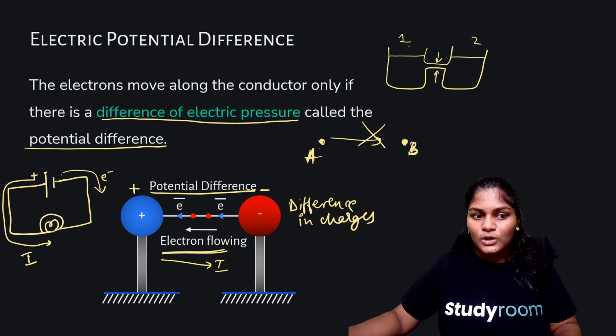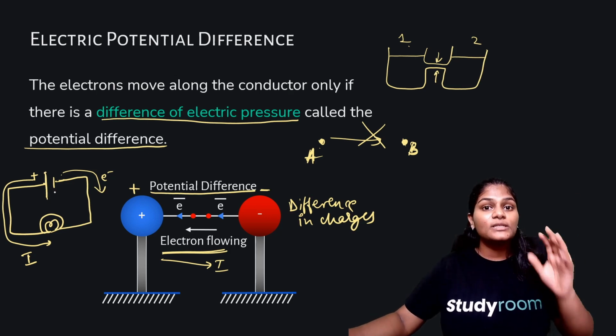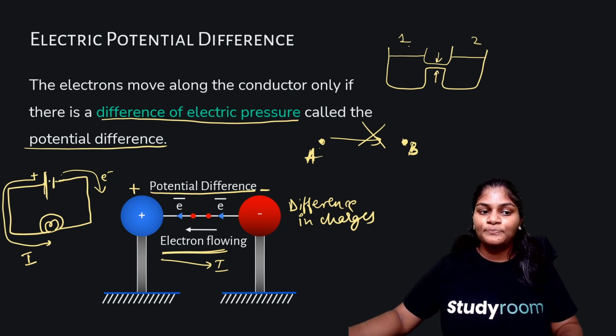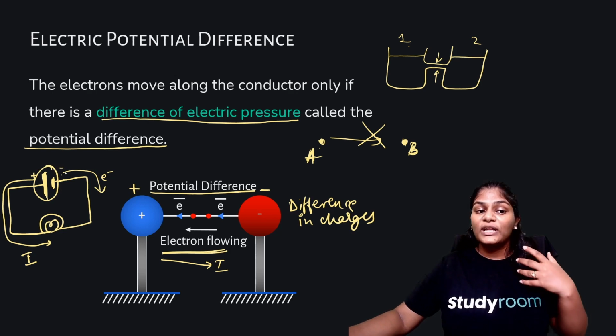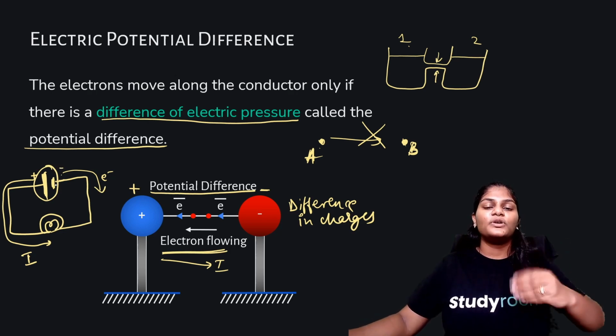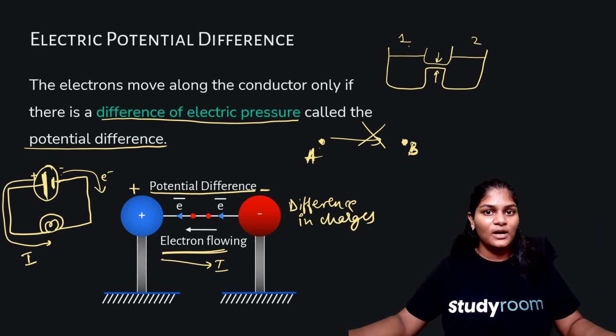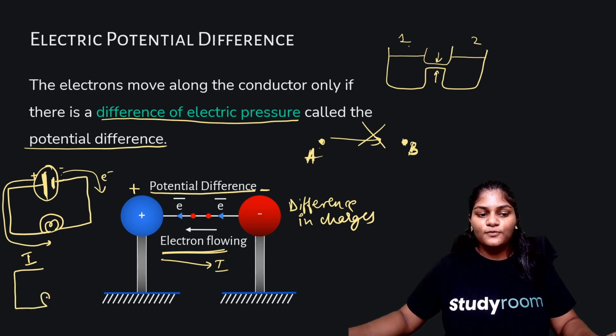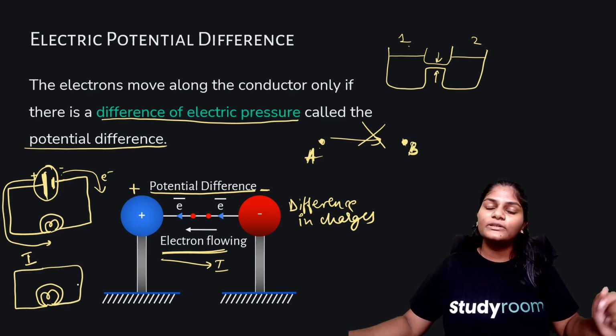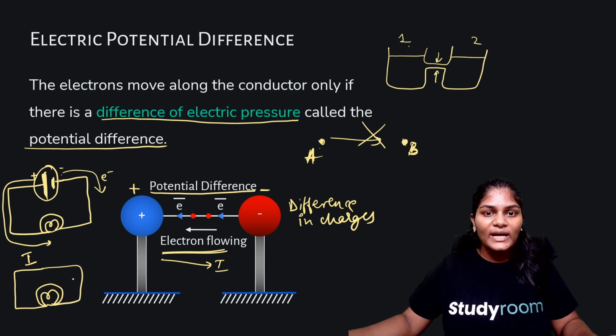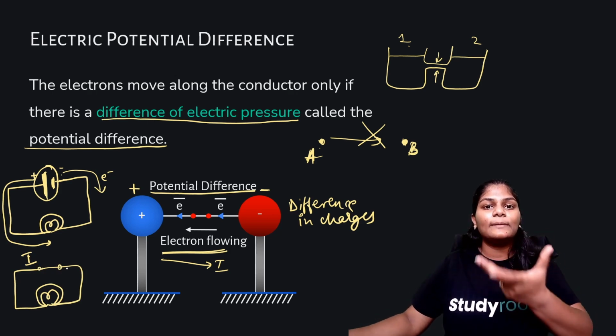In a circuit also we know that this battery is what creates that potential difference because of which current actually flows. That's why if you remove the battery and just keep this bulb in this circuit, will current flow? No, right? Because there is nothing here that can generate that potential difference.